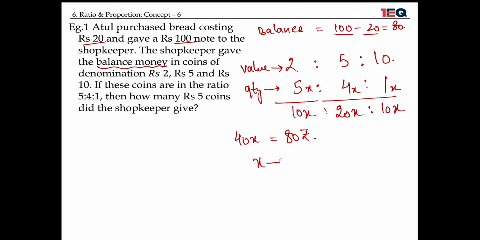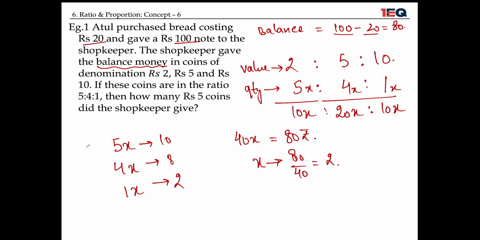So that means the value of x was nothing but 80 upon 40, which is equal to 2. Now this 2 will help us get rid of the x that we chose in the beginning. So there is 5x, there is 4x, and there is 1x. 2 needs to be multiplied here. This is 10. 2 multiplied here. This is 8. And 2 multiplied here. This is 2. Okay.